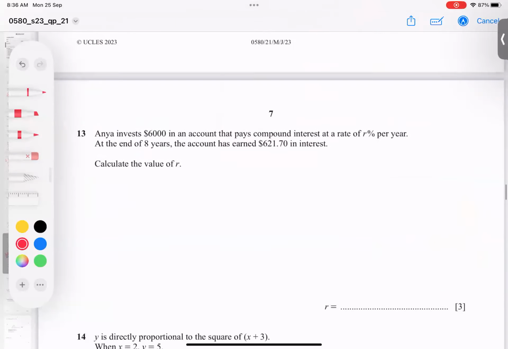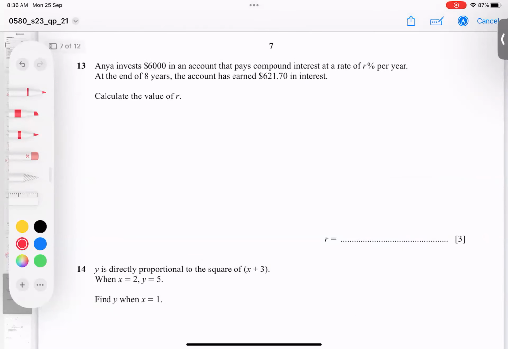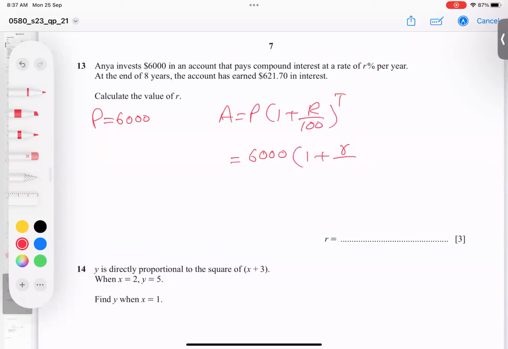Let's go to the next question, number 13. He said A invests $6,000. So the investment is called P. And it is compound interest, so we have to apply the compound interest formula, and you must memorize it: P times 1 plus R over 100 to the power T. P stands for investment, and R is the rate of interest, so I can replace it here. 6,000 comes in the place of P, and small r over 100.